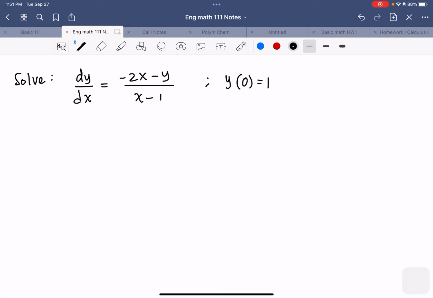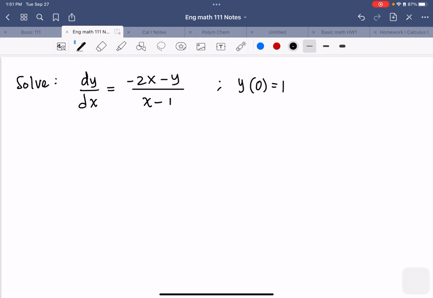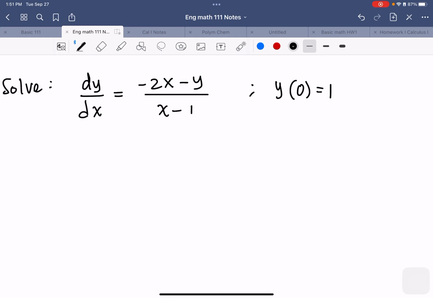Let me give you maybe 2-3 minutes or maybe 5 minutes to try this. Maybe you can check if you can solve it with another method as well. But of course, this will be possible through exact equation. If you want to try another method, if you try separable, I think no, right?